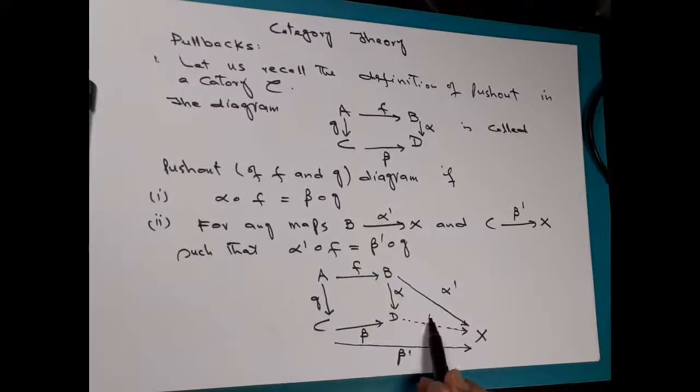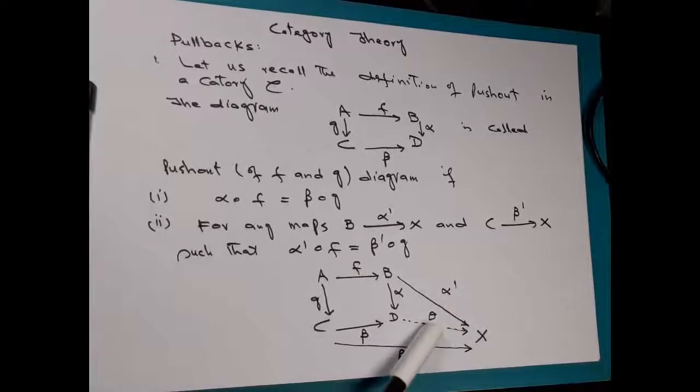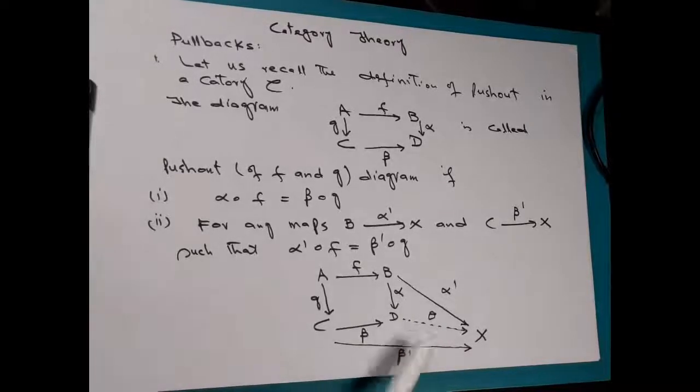We denote it by theta, such that theta composed with alpha is equal to alpha dash, and theta composed with beta is equal to beta dash. This map has to be unique.